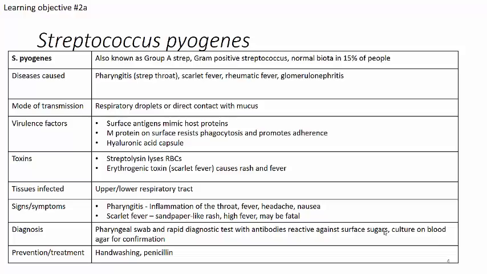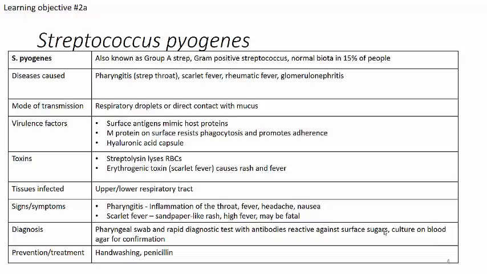Typically, the tissues infected are the upper and lower respiratory tracts, and signs and symptoms of pharyngitis would be an extremely sore throat because it's so inflamed, fever, headache, and nausea. With scarlet fever, you have the same signs and symptoms as pharyngitis, but additionally there's a sandpaper-like rash over the entire body, a very high fever, and this disease is much more severe and can be fatal.